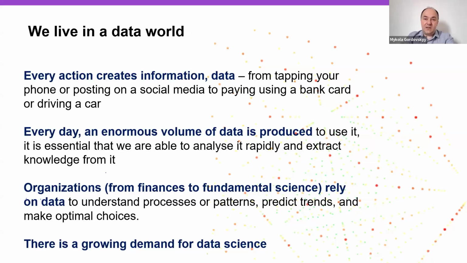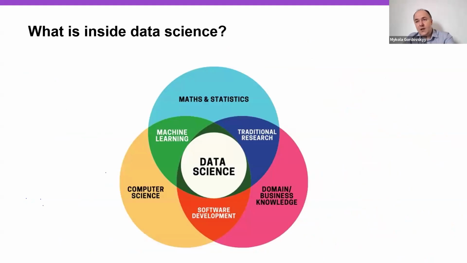It's not just in math. It's not just in computing. So what is data science? Data science is, of course, mainly applied math. But if we are talking about sub-disciplines, we're talking about three main elements. First of all, it's math and statistics. Math and statistics are, of course, the foundation of data science.